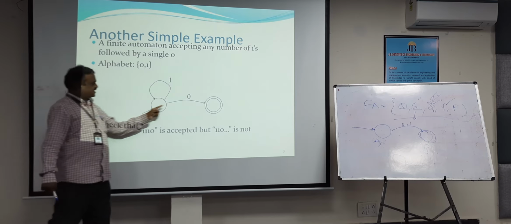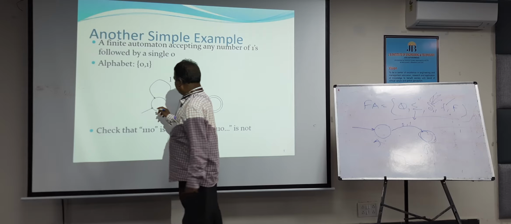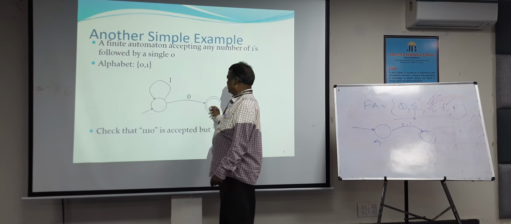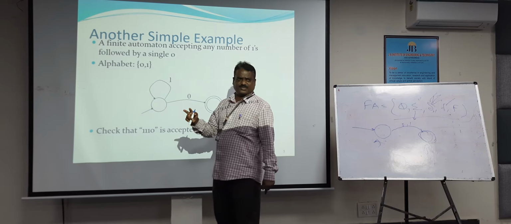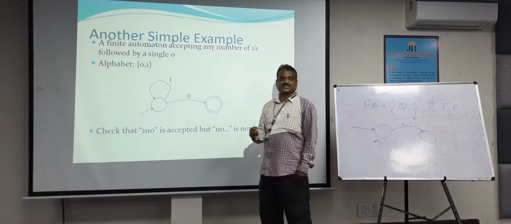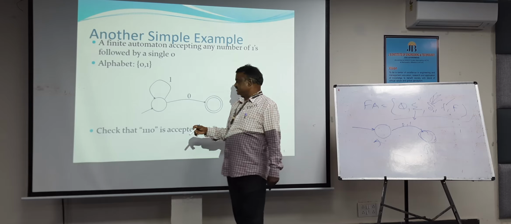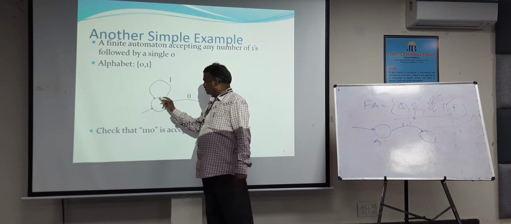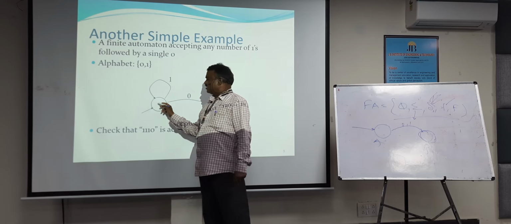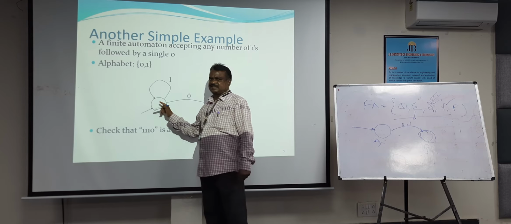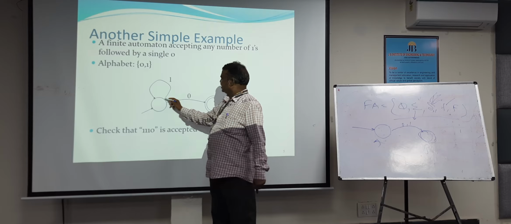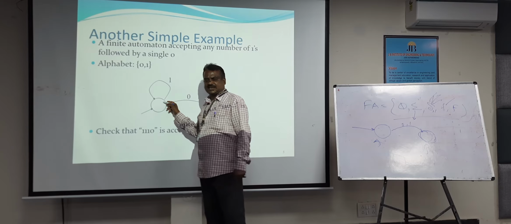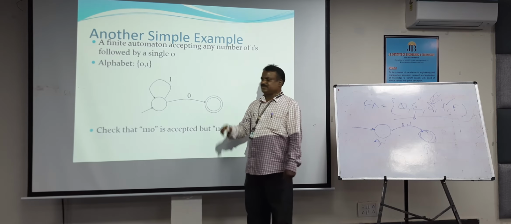Generally we call this NFA, non-deterministic finite automata, and DFA, deterministic finite automata. We have 2 types of finite automata. When a state has 2 transitions, like this is one and this is one, we call this a non-deterministic finite automaton.